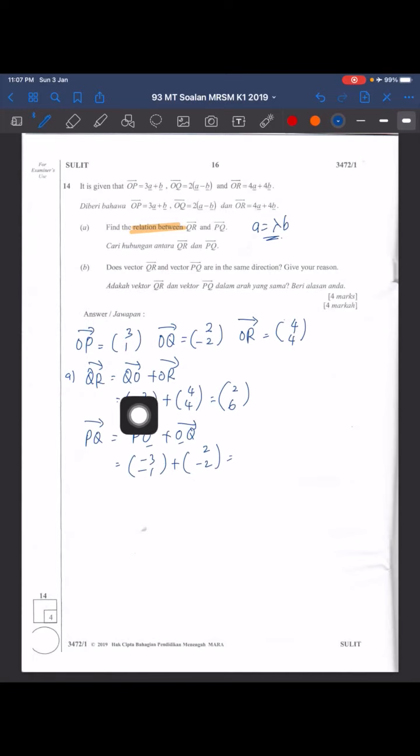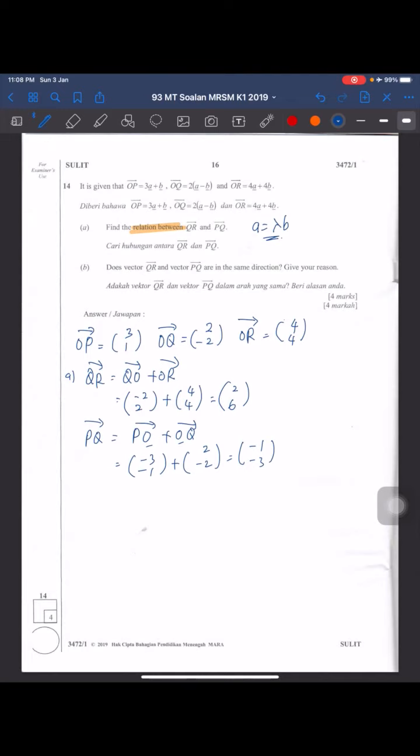Ingat balik. Kalau yang asal dia bagi OP, positif-positif kan? Kita nak PO, so kita terbalikkan. So dia akan jadi negatif-negatif. Jangan lupa. So negative 3 plus 2 is equals to negative 1. Negative 1 plus negative 2, kita akan dapat negative 3.